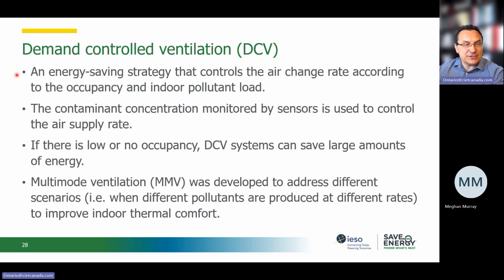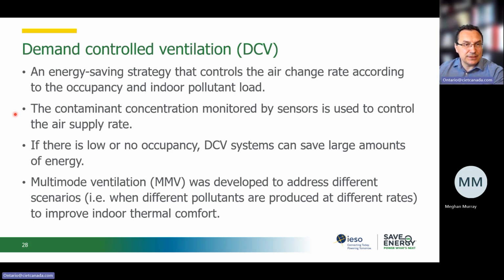So it's an energy saving strategy because we control the flow of fresh air or recirculating air based on occupancy and the indoor pollutant load. Once again, designing the systems for a worst case scenario means that we have various conditions in the space that will allow us to achieve savings by reducing the capacity of our ventilation system.